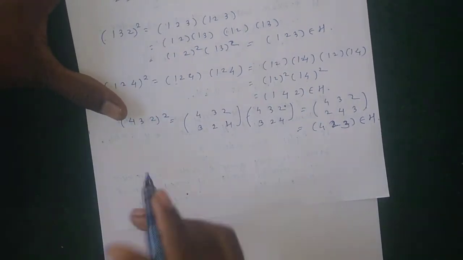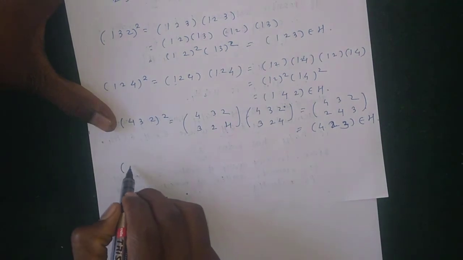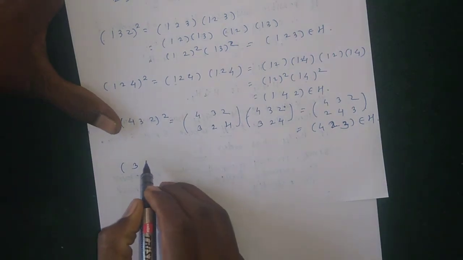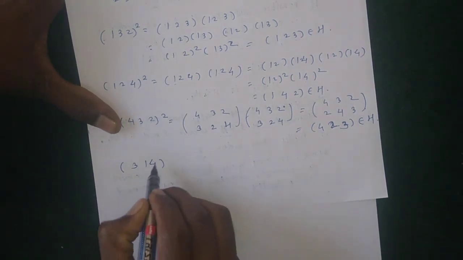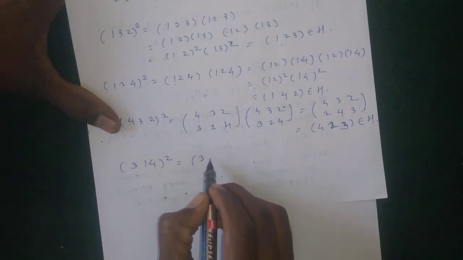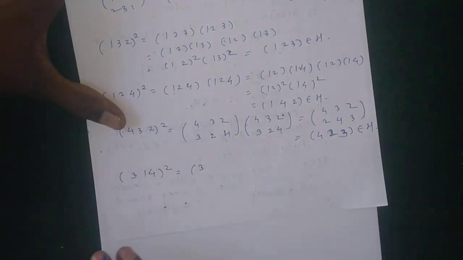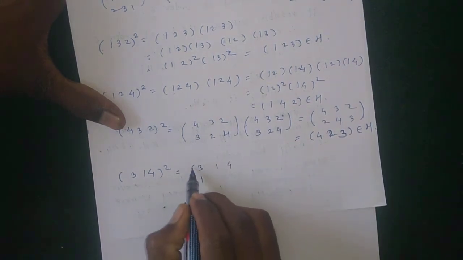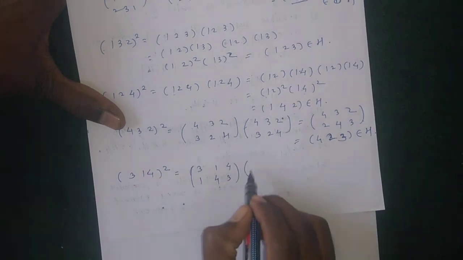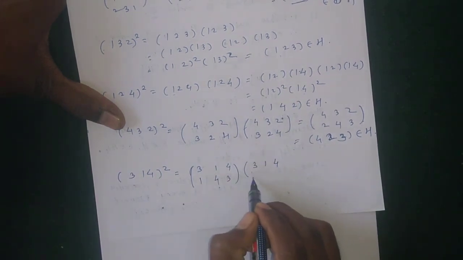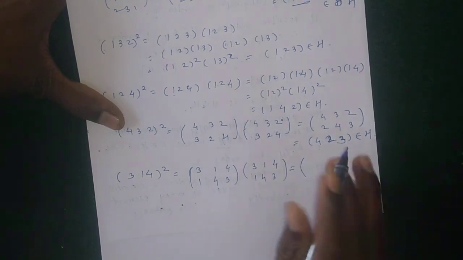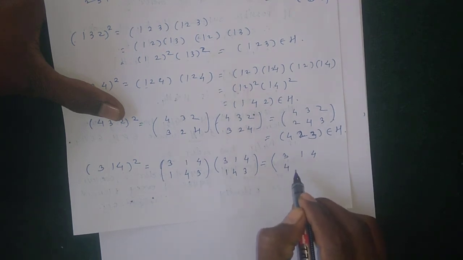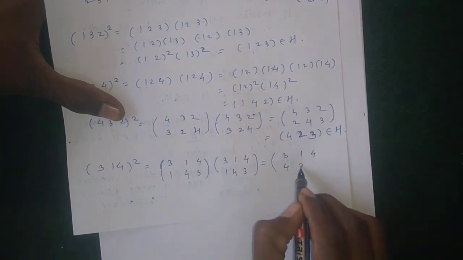Okay, this one element. Next element, suppose that 314 square is equal to 3 1 4: 3 has value 1, 1 has value 4, 4 has value 3, into 314, then their multiplication is 314, then 1 has value 4, 4 has value 3 1.